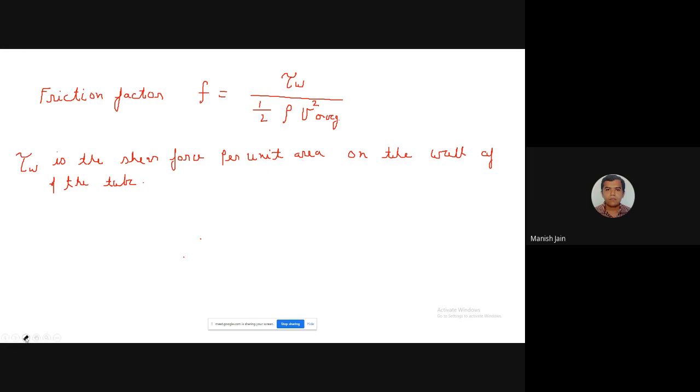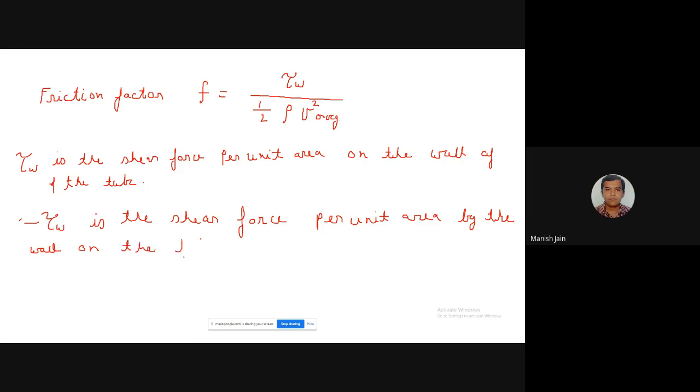Okay, so minus tau W is the shear force per unit area by the wall on the fluid.